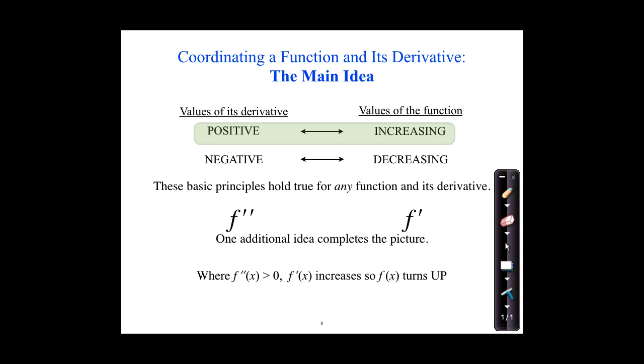So thinking about if the first derivative is increasing, that makes the second derivative positive. Just think of this first fact here, but thinking about values of the function, thinking of the function as a derivative, as a rate function. So if I have a rate function that's increasing, the values of its derivative, the second derivative overall, would have to be positive.